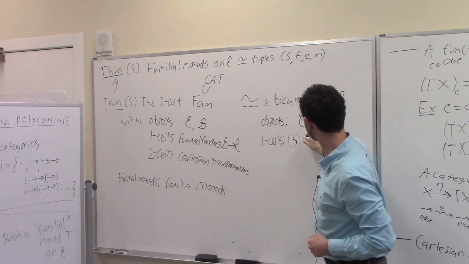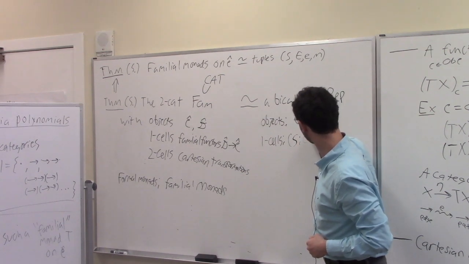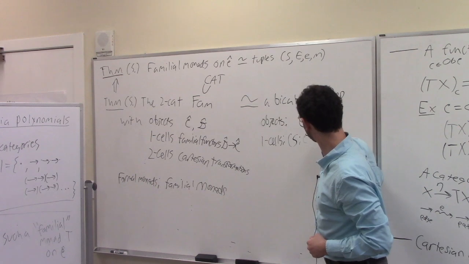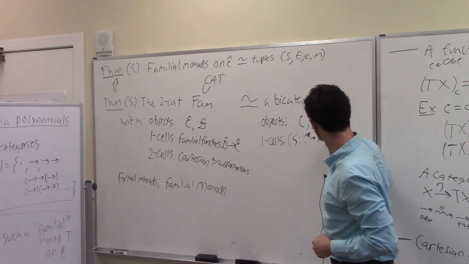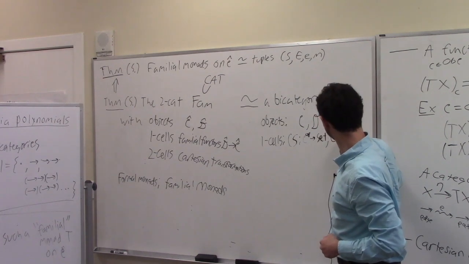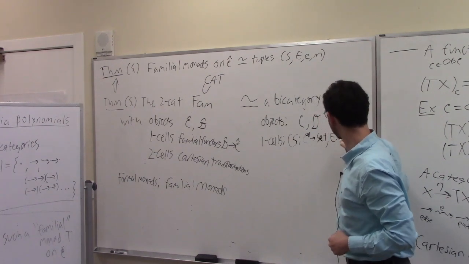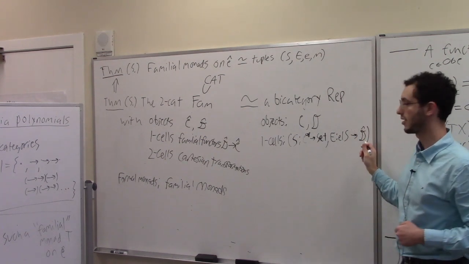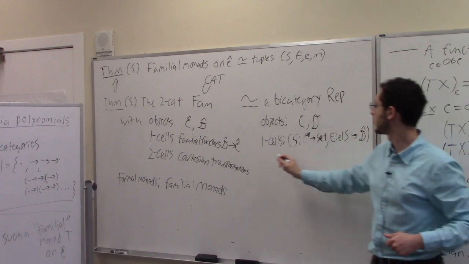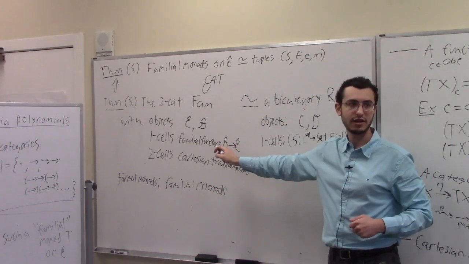So S is a functor from C op to Set, and E is a functor from the category of elements of S now to diagrams over D, because we've changed this to go between different diagram categories.